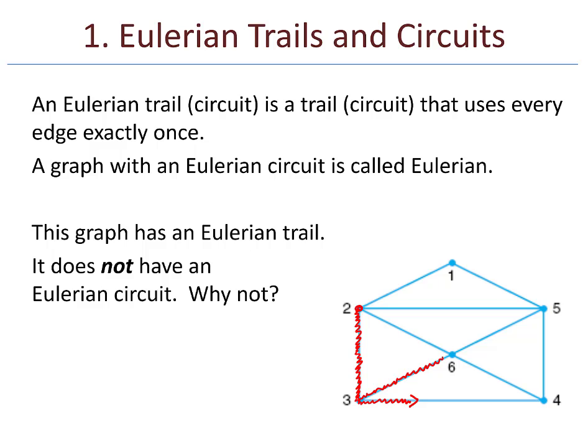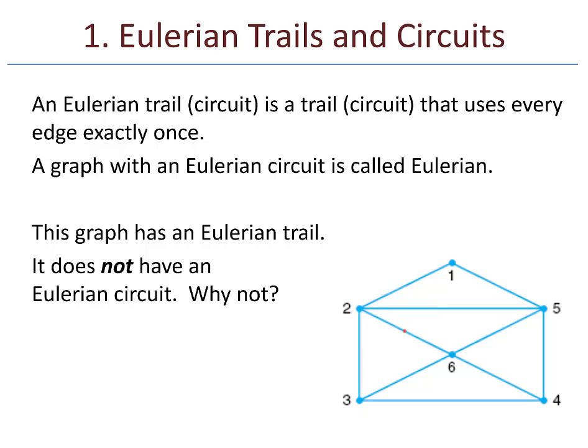So what was it about vertex 3 that caused problems? That same problem doesn't exist at, say, vertex 2. If I start at 3 and I visit 2, I can leave 2 and continue, and then at some point I'll come in to 2 and I'll leave 2, and that's okay, I can continue, and eventually maybe make my way back to 3. I think you see it.